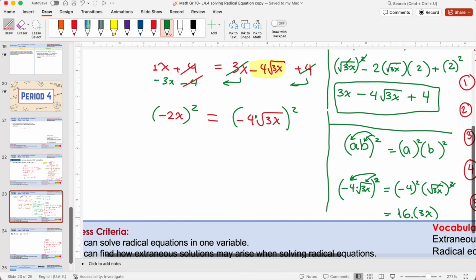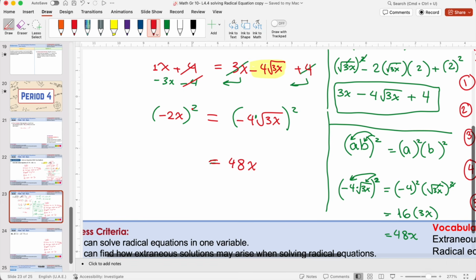You still have to multiply the 16 by 3, and that's gonna be 48x equals 48x only. See, this is how I do it.